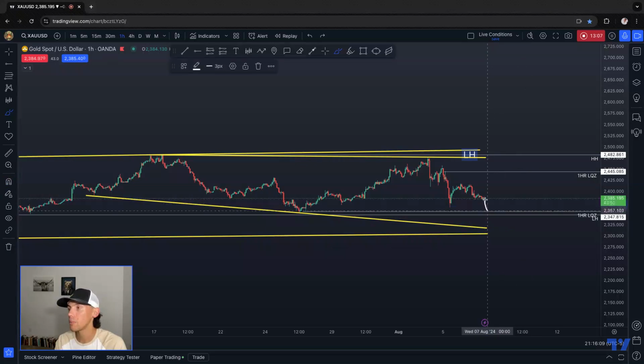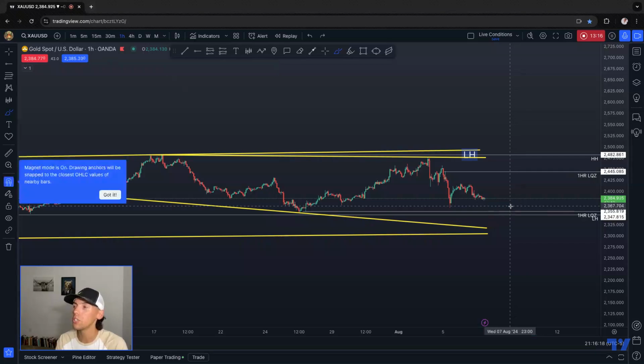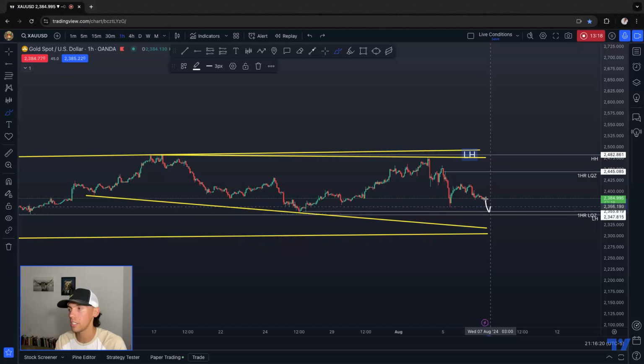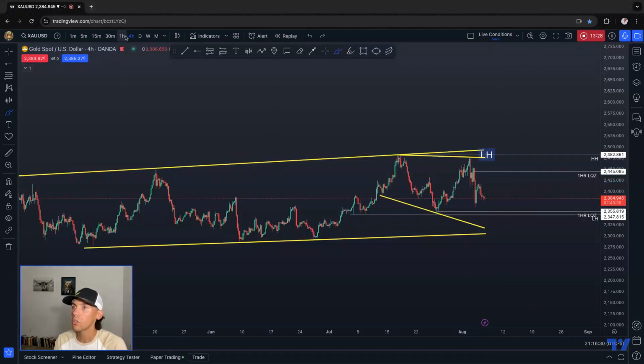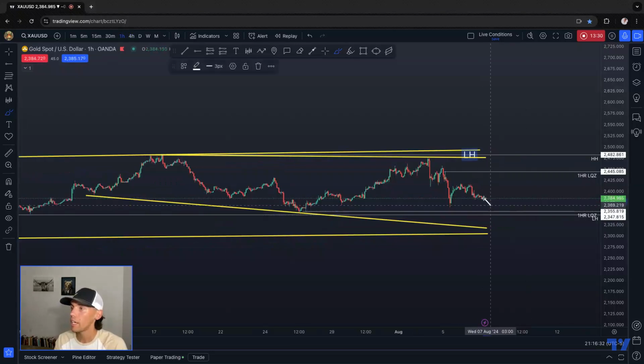The one coming down here, then getting a clear break back above, that would be scenario two. And then scenario one would be getting this push back above, a clear break back in to then take the market higher.